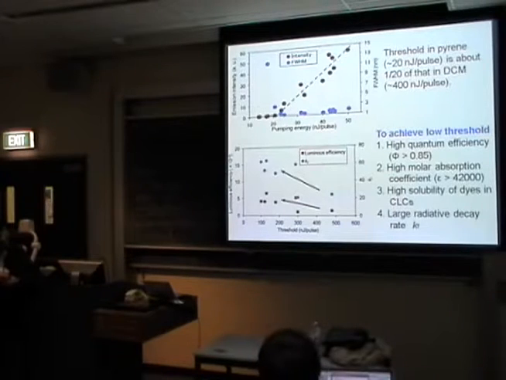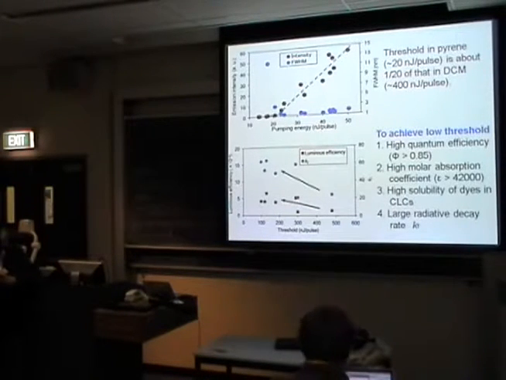We collected all the data of threshold and what the key factors are to have a lower threshold. Of course, we have to have a high quantum efficiency. In the pyrene case, quantum efficiency is more than 0.85.